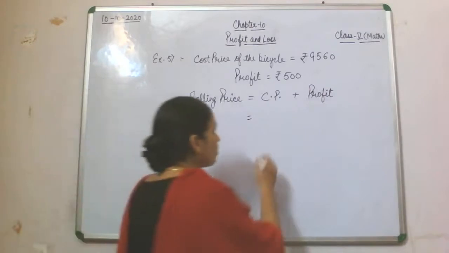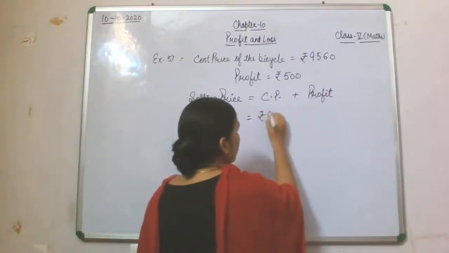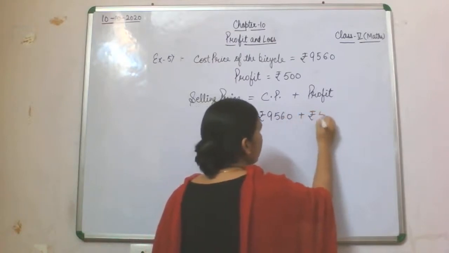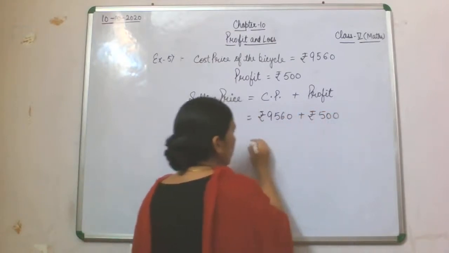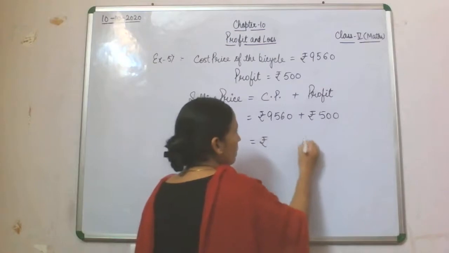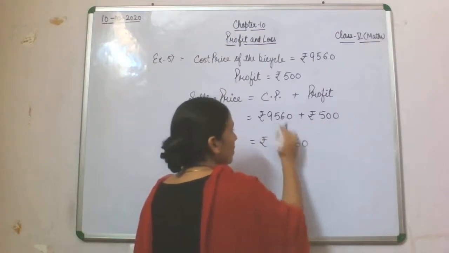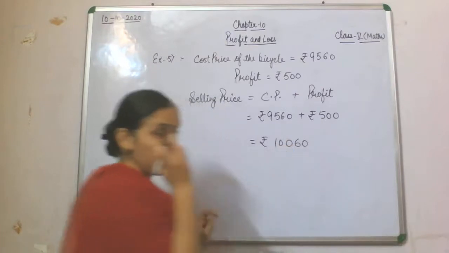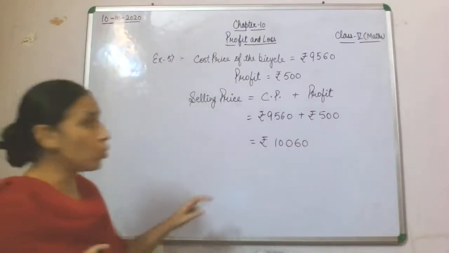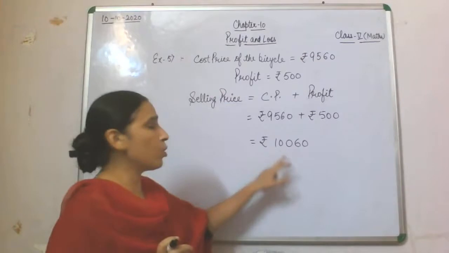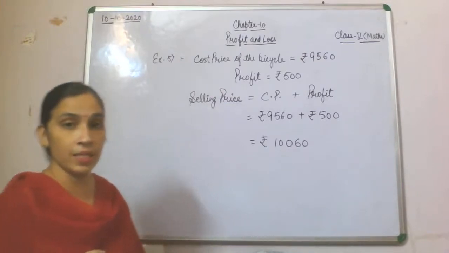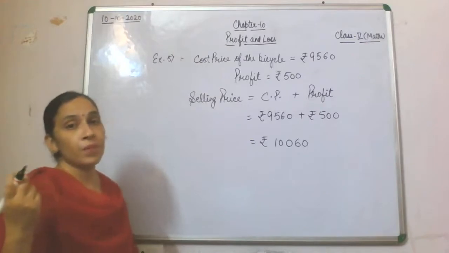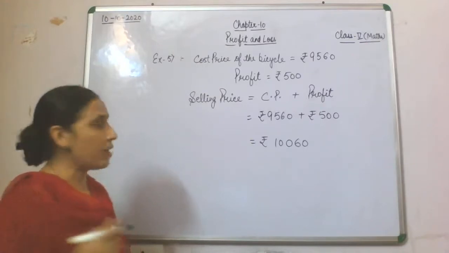So the cost price is rupees 9,560 plus rupees 500. Do the total of it. 0, 6, 10, 10. It means that shopkeeper will sell that particular item for rupees 10,060, so that he will be getting a profit of rupees 500.